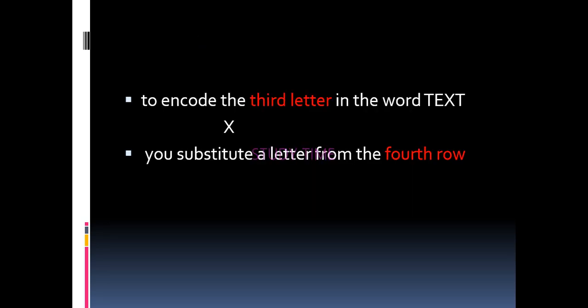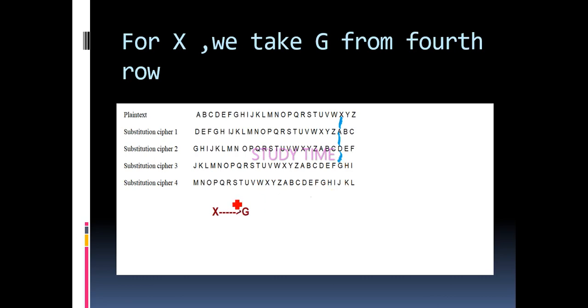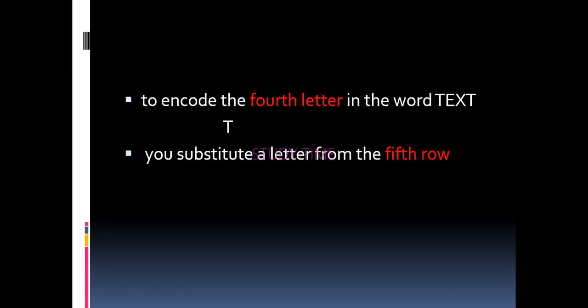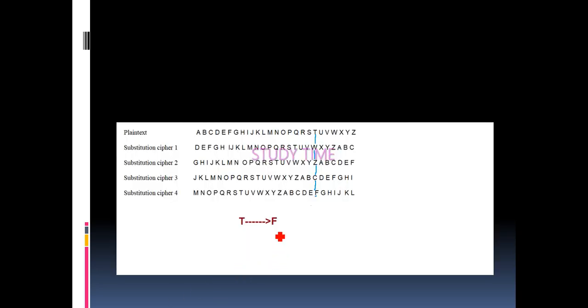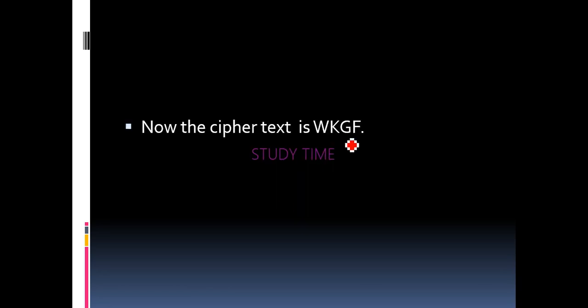To encode the third letter in the word text, X, you substitute a letter from the fourth row. For X, we take G from fourth row. To encode the fourth letter in the word text, T, you substitute a letter from the fifth row. Now the cipher text is WKGF.